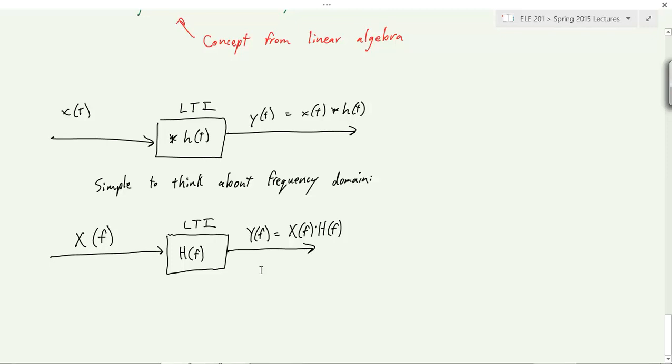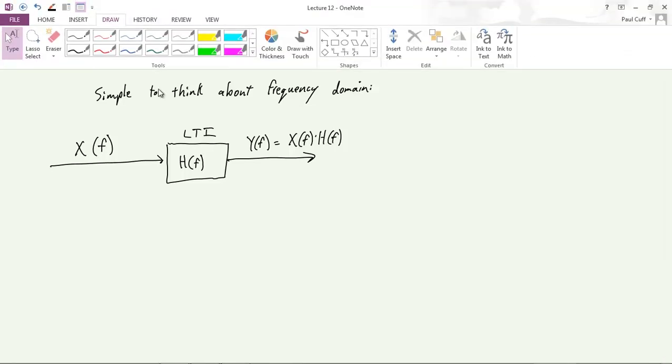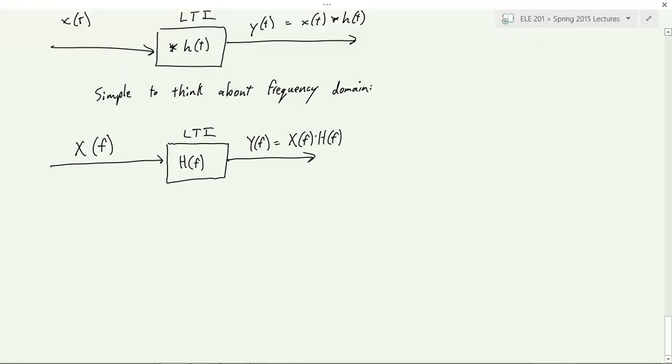So that leads to this notion of filtering, which is one of the buzzwords of signal processing, of the material in this class. You can design an LTI system to perform some sort of desired behavior. Of course, any LTI system is just going to be multiplication in the frequency domain.